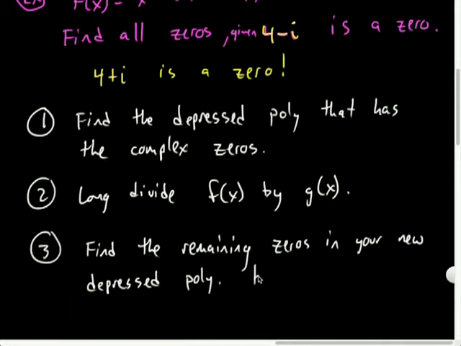I might call that one h of x or whatever. So f of x divided by g of x gives me another depressed polynomial that contains the missing zeros I'm looking for, is the idea. So how do I find the first depressed polynomial is the question.